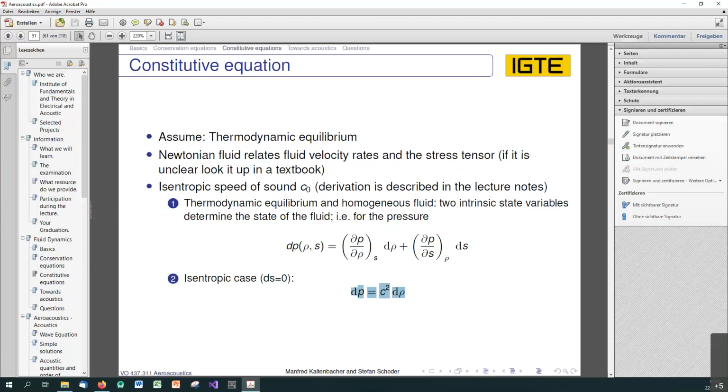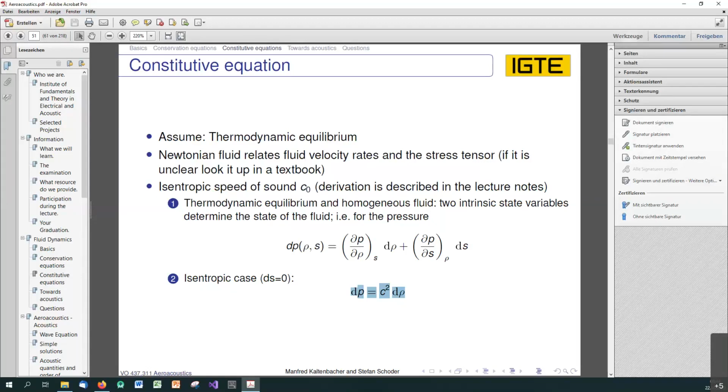So it starts like this. You're aiming for a wave equation, and then at some point you end up at the conservation of mass and the conservation of momentum, and you don't know how to connect the pressure and the density. Then you start thinking about how you can connect them. Okay, probably we assume thermodynamic equilibrium, and it's not very restrictive. And then, probably it's also a reversible process and it's adiabatic, so we have no heat transfer.